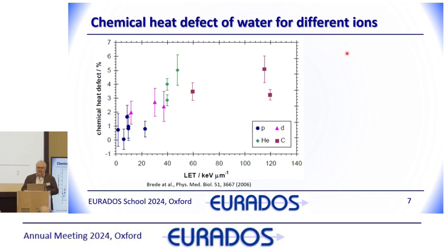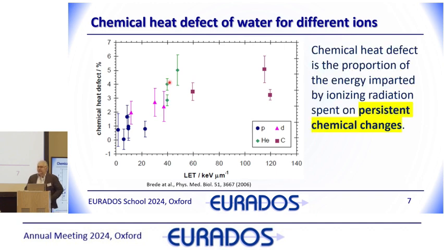Let's first look at how this heat effect depends on the linear energy transfer. So here is plotted linear energy transfer against chemical heat effect, for different ion types at different energies, therefore they have different LET. And you see that you have something on the order of 1% to about 5%, a few percent.